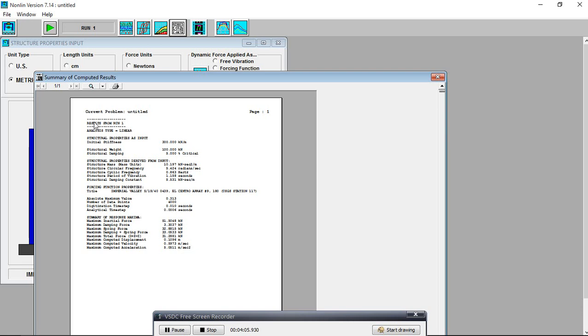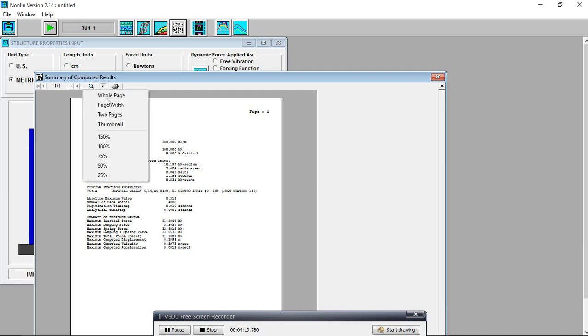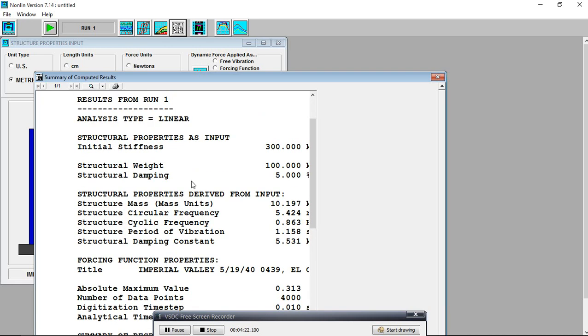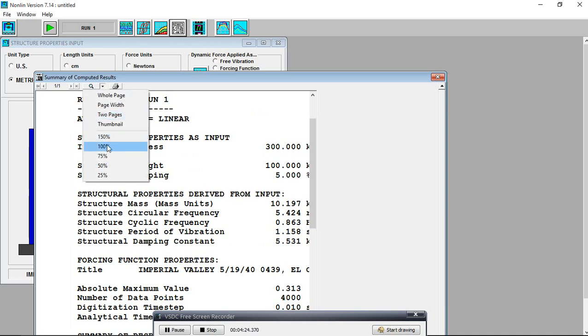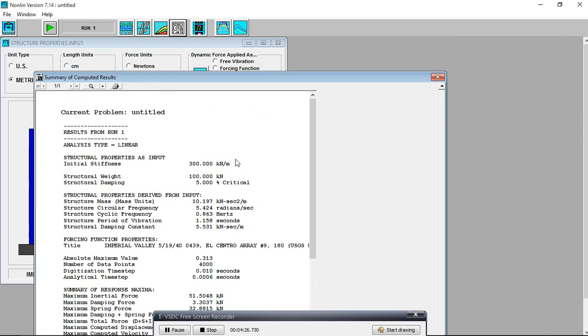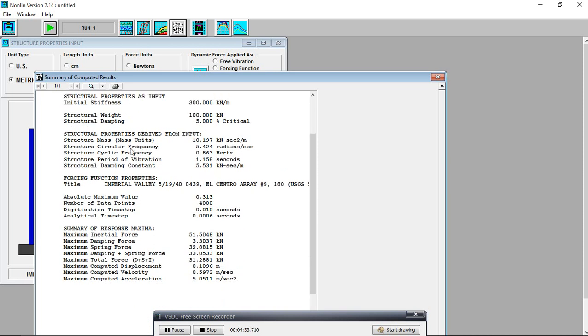If you click here on results, then you will get our input values and the output values, a summary of the response spectra. We got the structural weight 100 kilonewton, structural damping 5%, and properties derived from input.